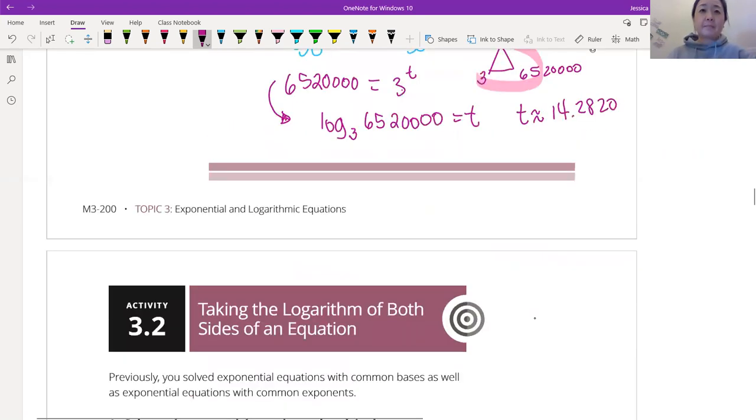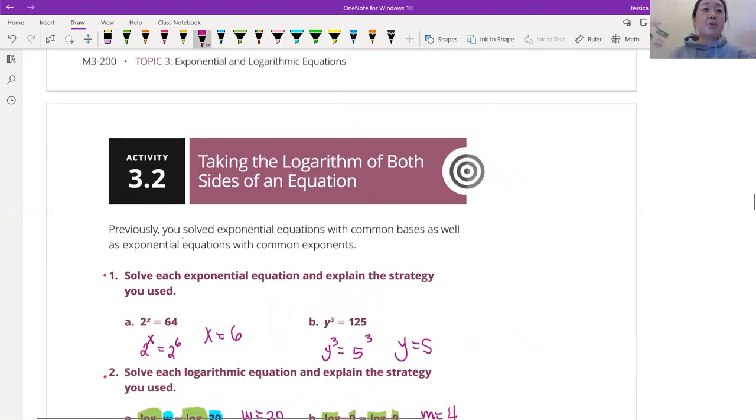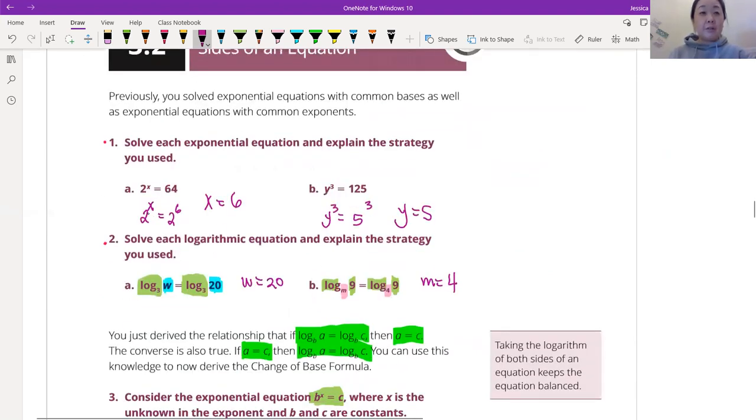All right. Okay, so now if you take a look at this, number 1, we're on page 201. If you notice right here, it's the same thing as our do now, right? So the x has to be 6, right? Because 2 to the 6th power is equal to 64, right? These are pretty easy. Y to the 3rd power, what could that be? 5.